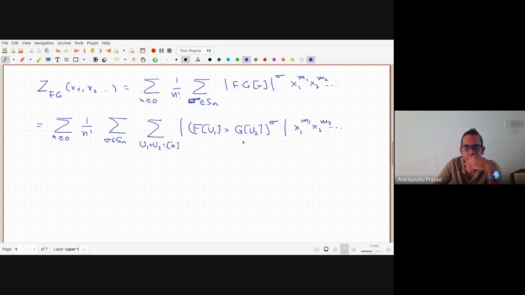The point is that this should not depend on what U1 and U2 are, but only on the cardinality of U1 and the cardinality of U2.